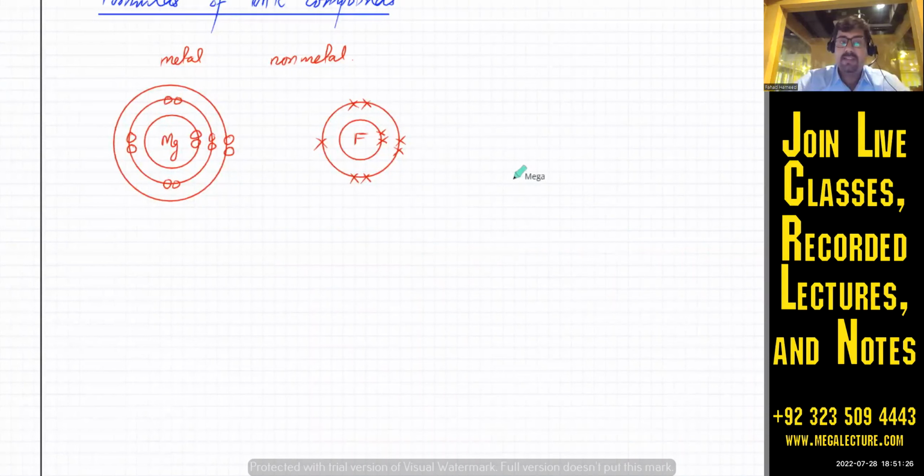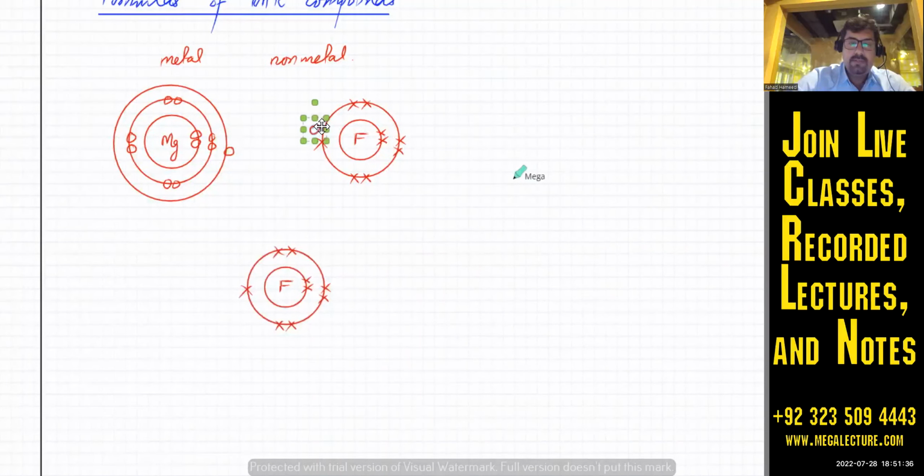So there's going to be 2 fluorines, so that one of the electrons goes to one fluorine, and the other electron goes to this fluorine, because 1 fluorine cannot accept 2 electrons. That is how the ionic compound is going to be formed.